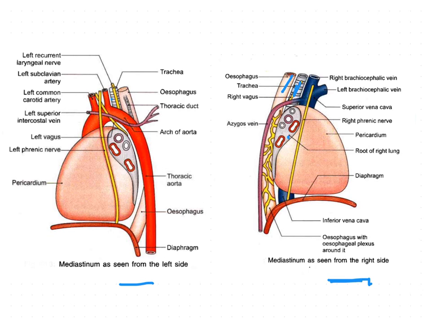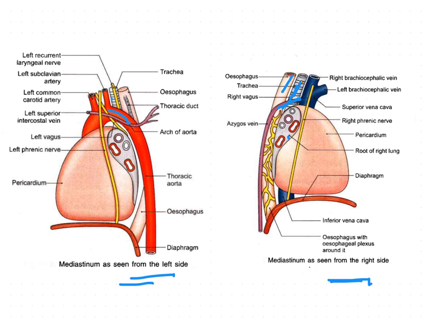So on the right side you can see the right vagus nerve and also the azygos vein. The right lung and pleura, right vagus and azygos vein are related on the right side of the trachea in the thoracic part. Coming to the left side, it is related to the arch of aorta. You can see this arch of aorta.